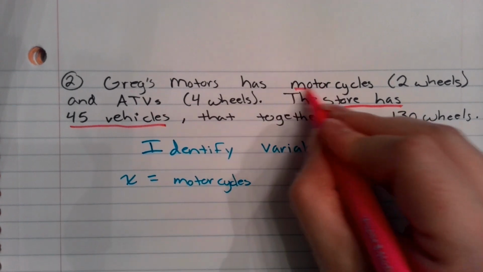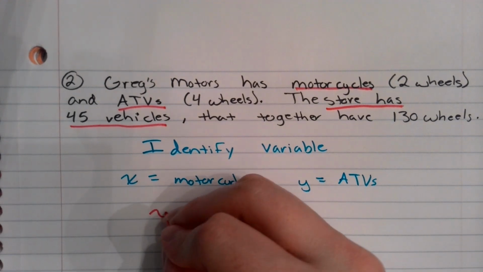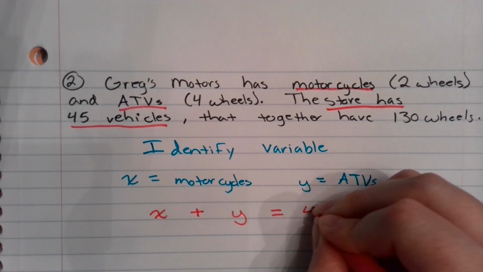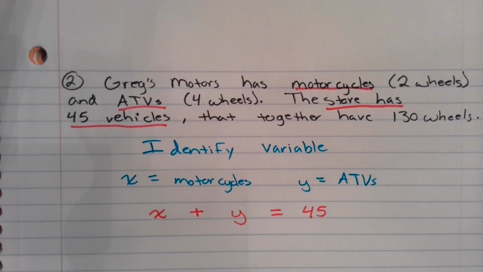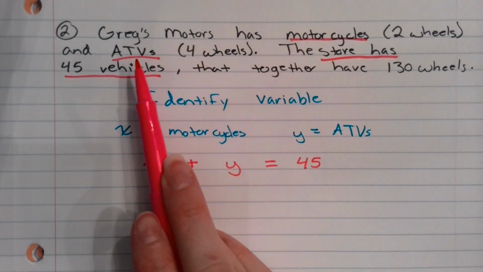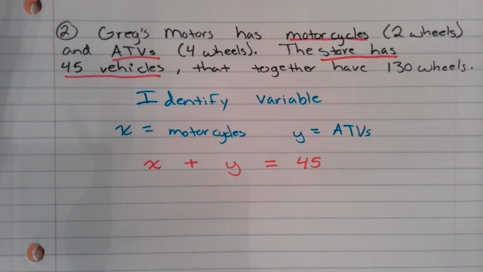They have motorcycles and ATVs combined, it's going to be equal to 45. So if I take all my motorcycles and combine it with all my ATVs, I've got 45 vehicles. So X plus Y is equal to 45.